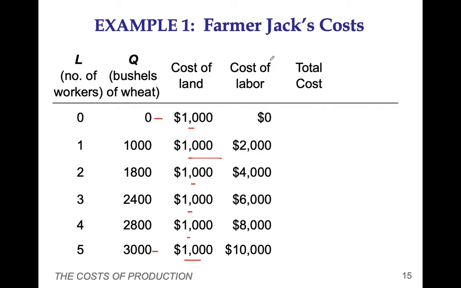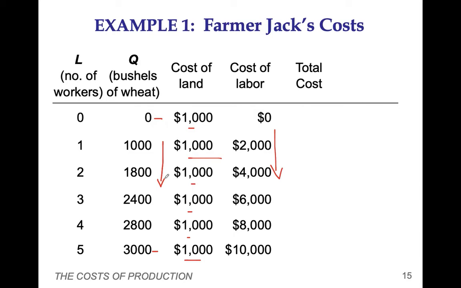Of course it varies. As the number of workers increases, the cost of labor is going to increase because we have to pay more and more wages. Unlike the cost of the land, the cost of labor varies according to the level of output.